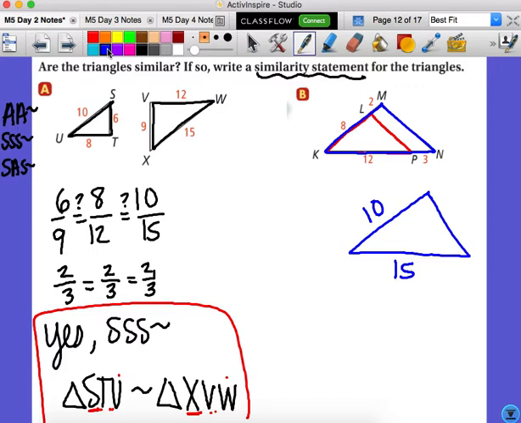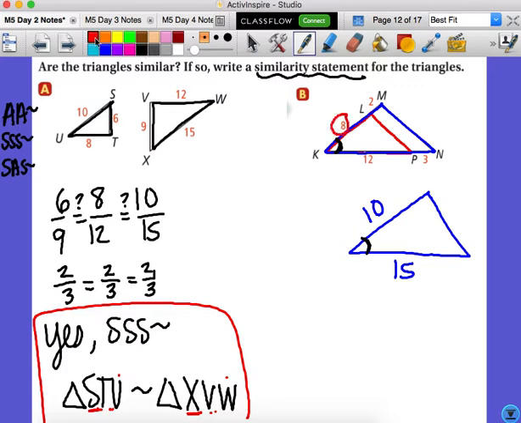So we want to make sure when we set up these ratios, we're looking at the entire triangles. And because they originally were overlapping, they both share angle K. So I can mark this angle here, and that smaller red triangle is congruent to the angle in the blue triangle. So if this is going to be anything, it's going to be side, angle, side. But again, I have to verify those numbers.